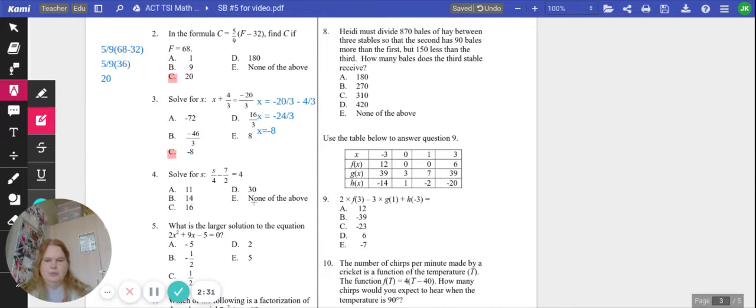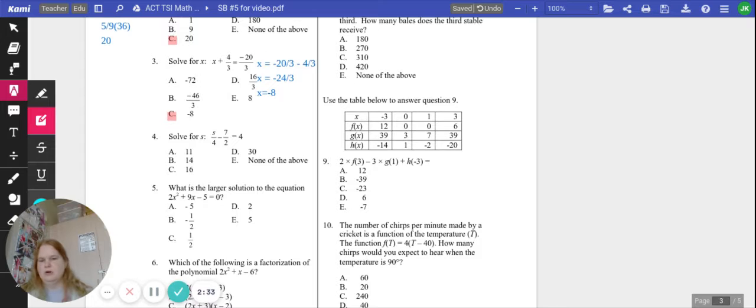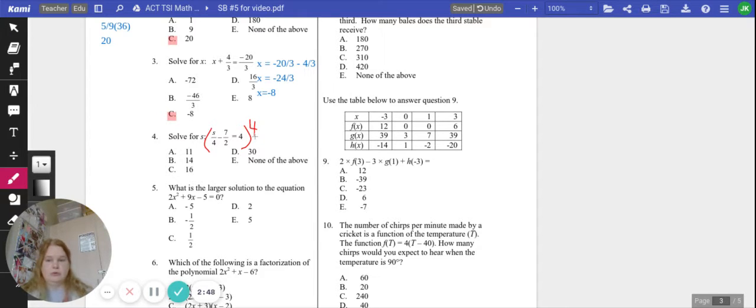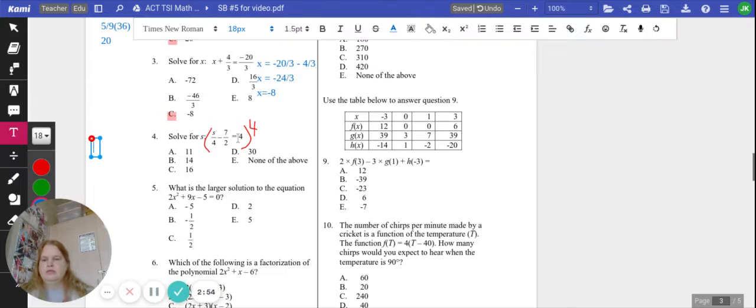All right, number 4. This one has a 4 and a 2, so I'm going to actually use what we've learned in class about clearing fractions and multiply by the LCD, which is 4, for all of this, because 4 and 2 both go into 4. That's why I multiply everything by 4. So if I multiply the first fraction, s over 4, by 4, the 4's cancel and I get s.